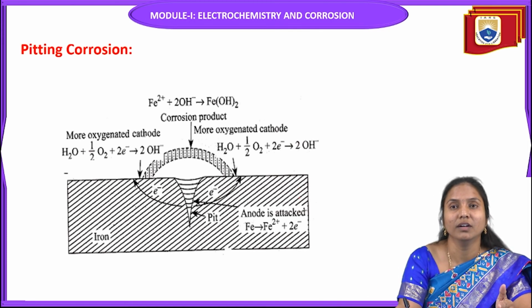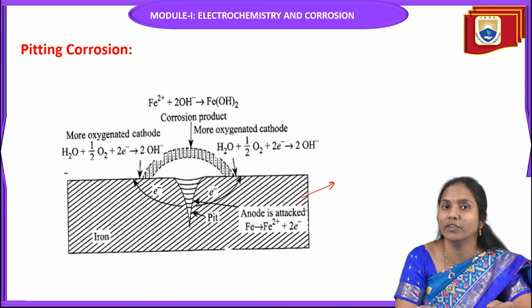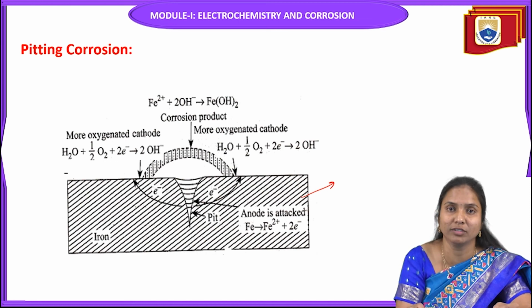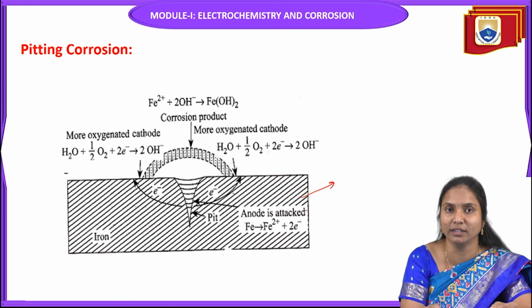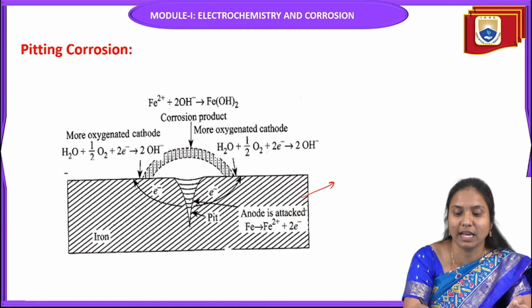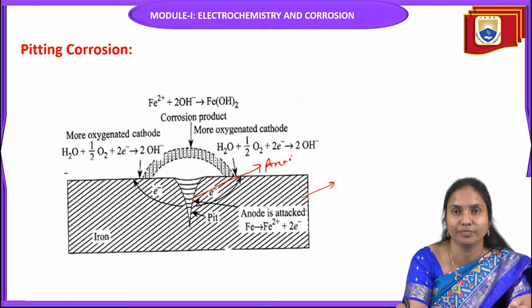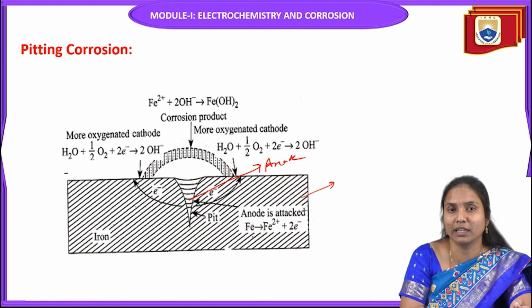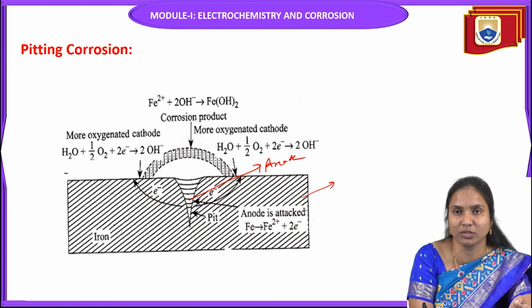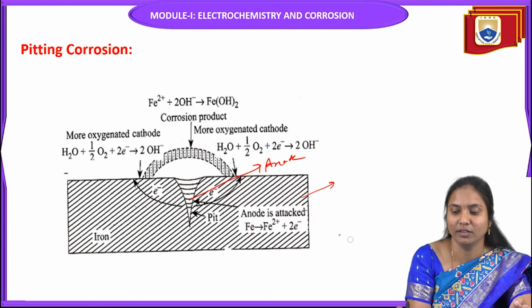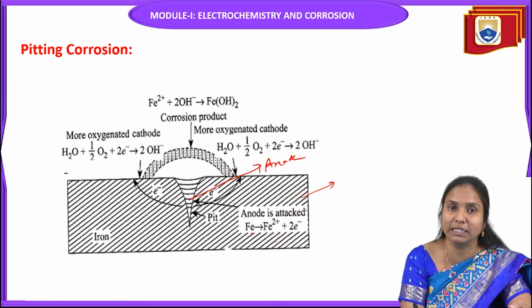See here, this is the iron metal which interacts with atmospheric oxygen, then forms a metal oxide layer. By it getting cracks, the cracking part acts as anode. So it undergoes oxidation, then gives Fe2+, iron metal ions, with loss of 2 electrons.